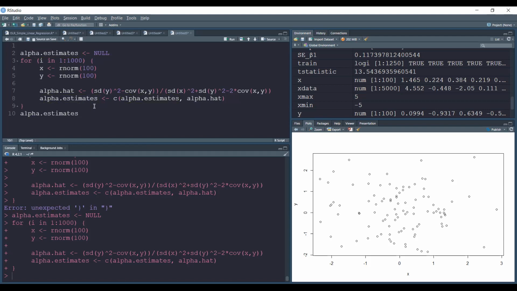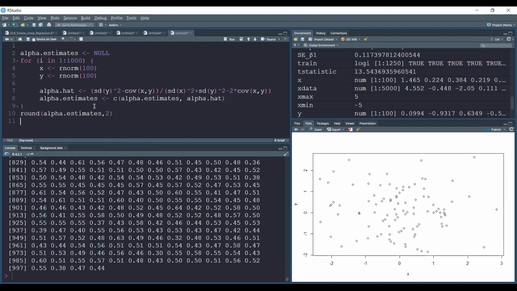And the final thing, display all of them over here. Round to two decimal places. And these are our alphas.